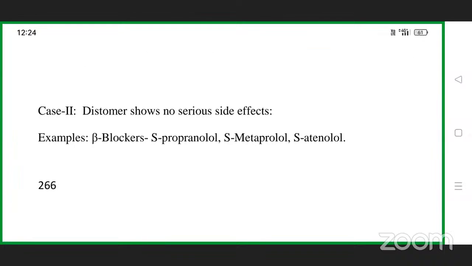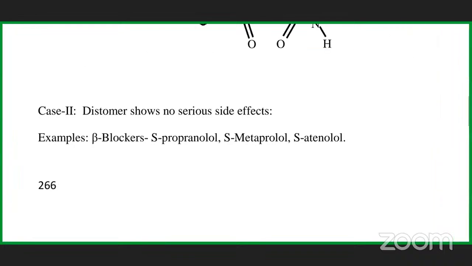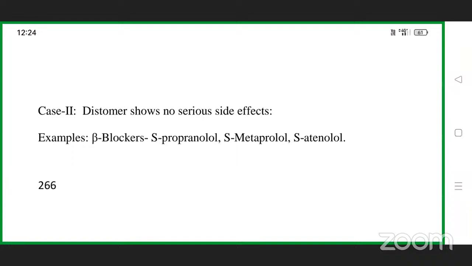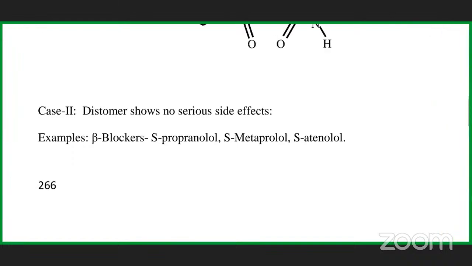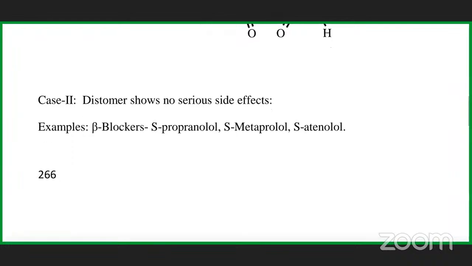In the smooth muscles we have five receptors: alpha, alpha prime, beta, beta prime and gamma. So these are the five receptors, we know that. In this, S-propranolol, metoprolol and atenolol are antihypertensive drugs acting as beta blockers here.